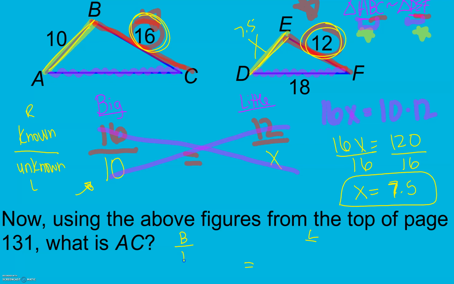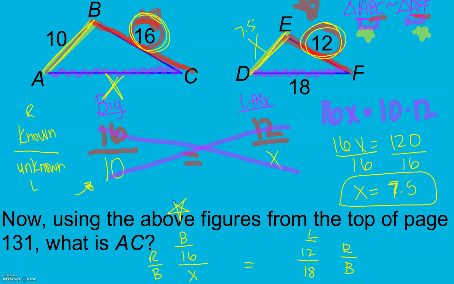So I know 16 in the big triangle, I know 12 in my little triangle. I'm looking for AC. That becomes my X, and the 18 I know in my little triangle. So right now it's like I have big over little, big over little.